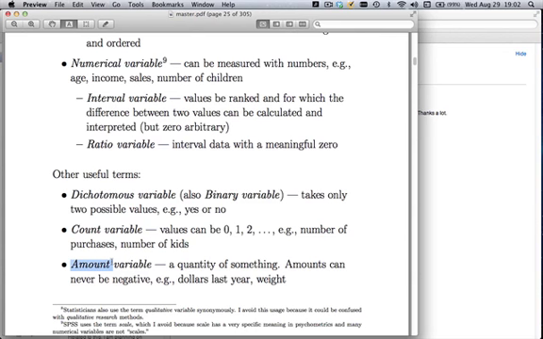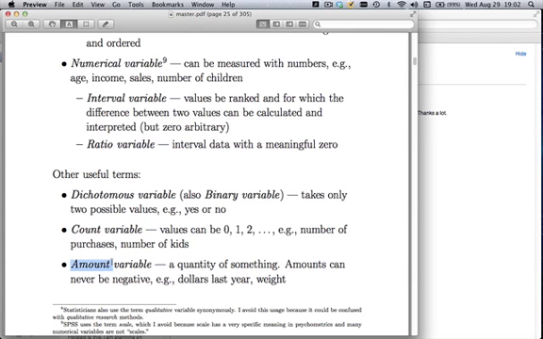You can think about my weight as being an amount. My age is an amount. Revenue is an amount. So how much revenue did my firm earn last year? Cost, expenses are an amount. So what were my expenses?